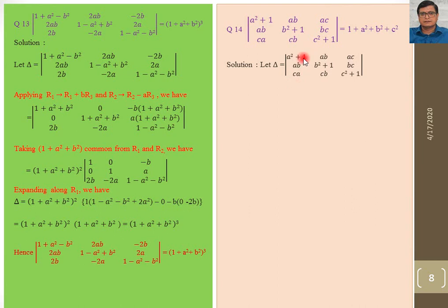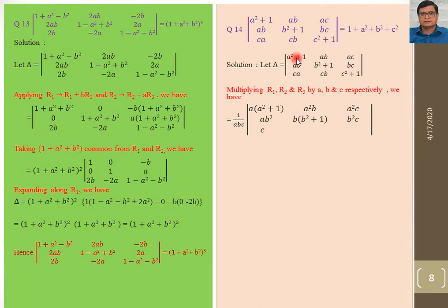So I am multiplying R1, R2, R3 by a, b, c respectively. So we have to take 1 upon abc outside the determinant, right?